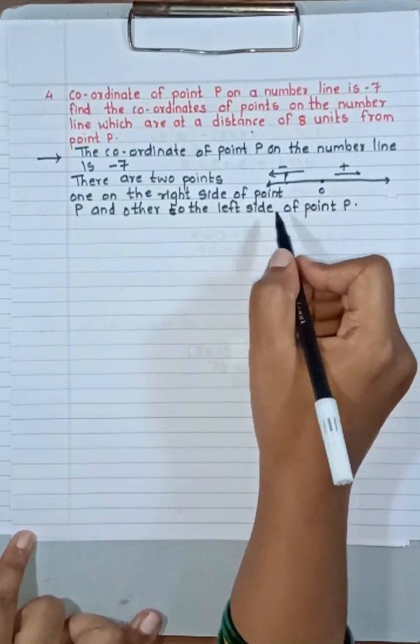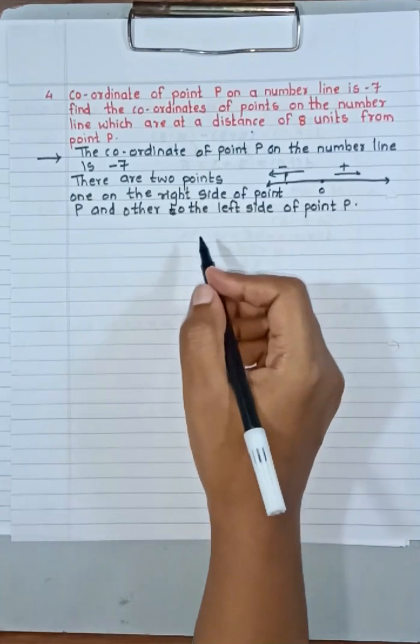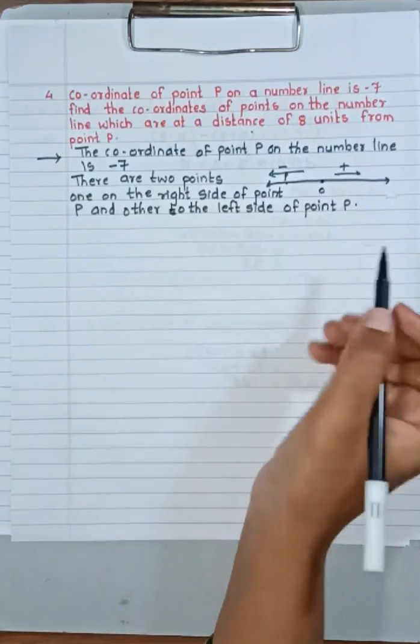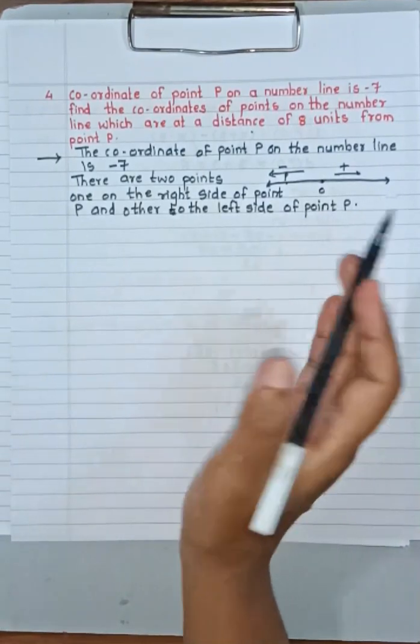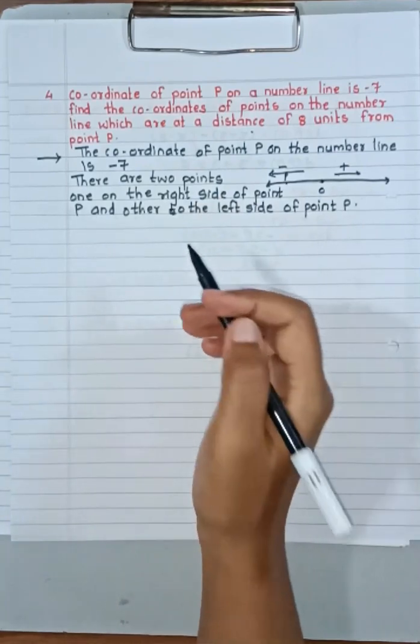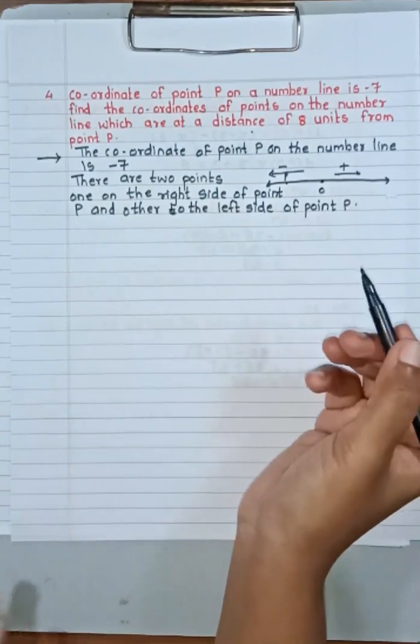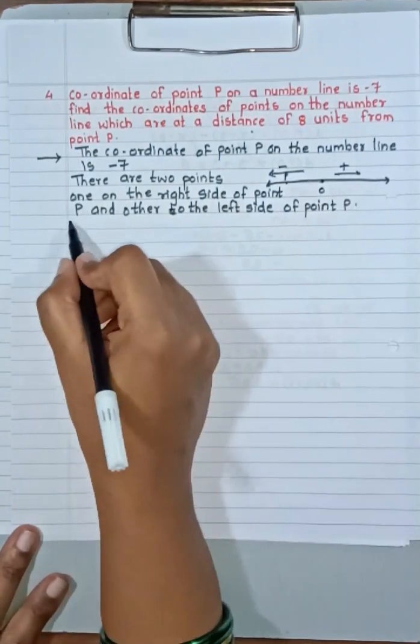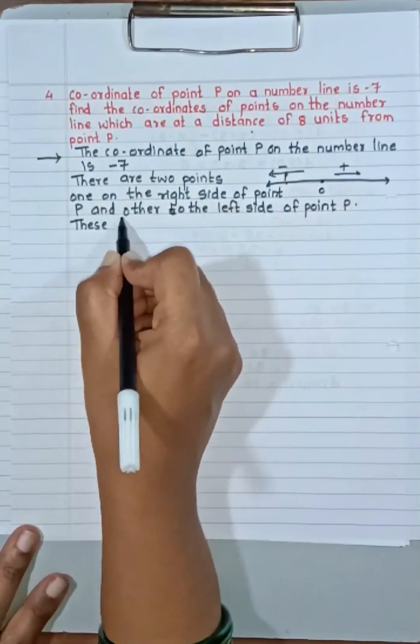Okay. Then these 2 points, one to the left and one to the right side, are at a distance of 8 units from point P. Okay.